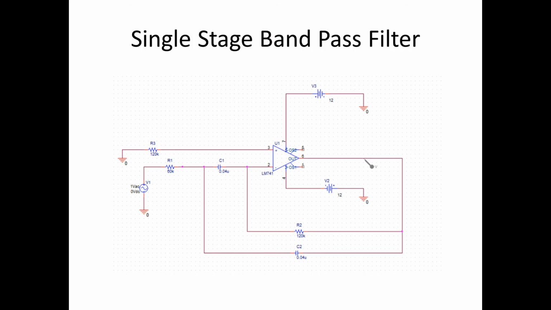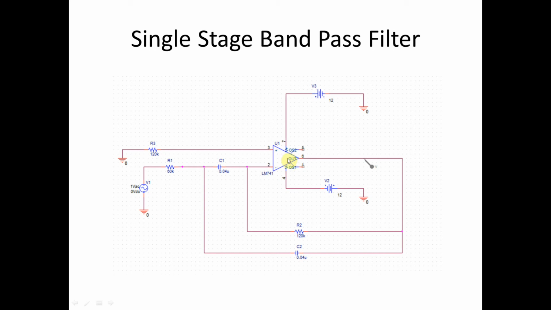Before discussing the narrow single stage bandpass filter, first we will discuss the single stage bandpass filter, which consists of three resistors R1, R2, R3, C1, C2, and the op amp.